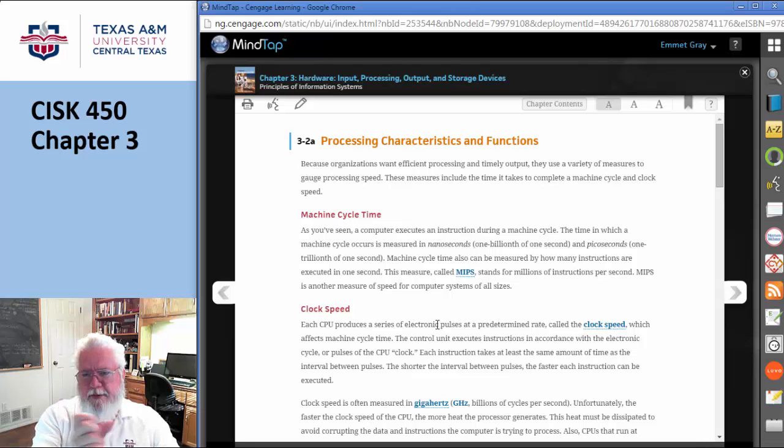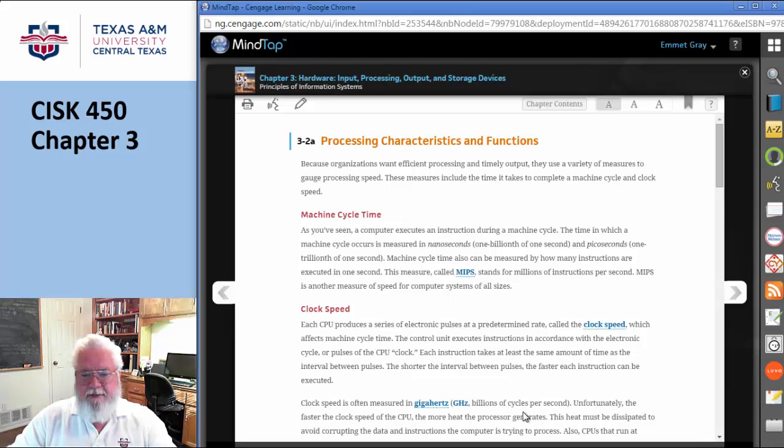So it's a numeric number that is designed so that if you had the exact same brand and model CPU, and one of them was a 3.0 and the other one was a 3.5, well then obviously the faster one is going to be faster. Okay, now that comparison only works when they're using the exact same models. So I know it's a little confusing, but just bear with me.